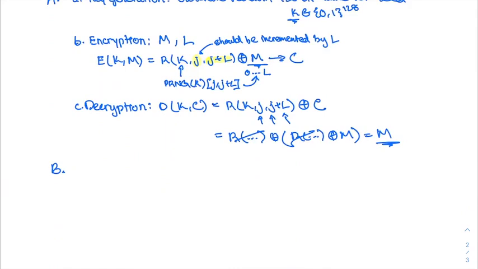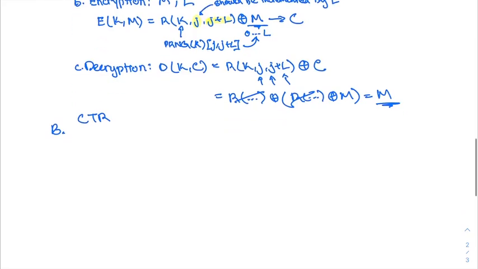Now, just as a quick rehash, the way counter mode works is that, first of all, instead of having an initialization vector, we have a nonce. And we also have a counter. The nonce is still a random value, like a random hex code here. And then the counter, you can literally think of as 0, 1, 2, 3, 4, 5, 6.